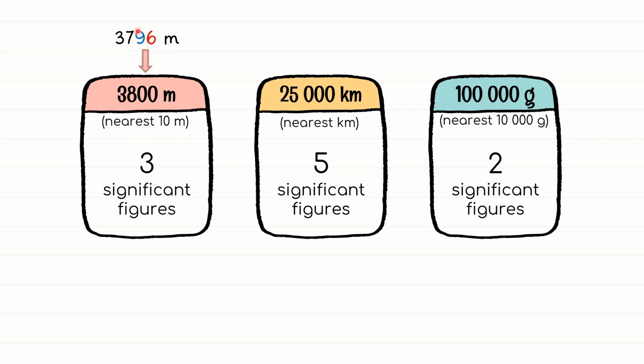And when rounding up my digit 9, the next value will have to be 10. That means that my 7 over here will have to add one more to become an 8. So that's why the number 3,796 meters will then be rounded off to 3,800 meters.